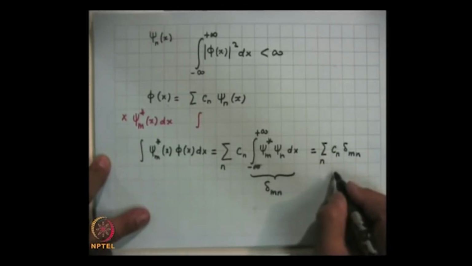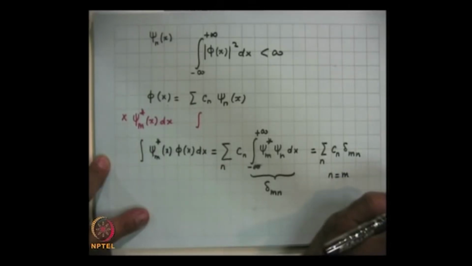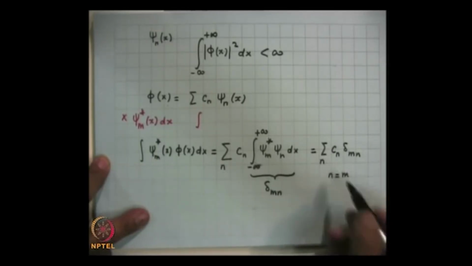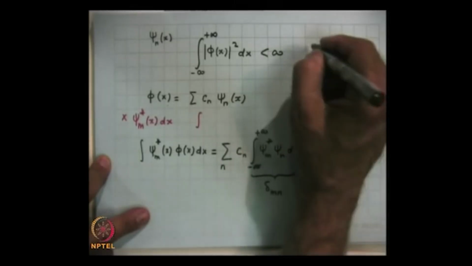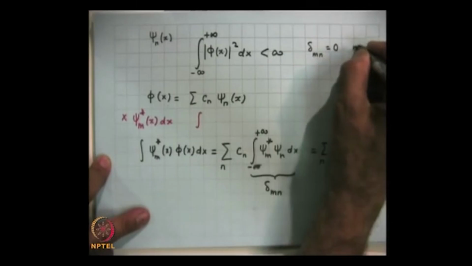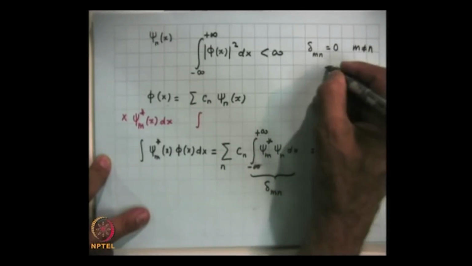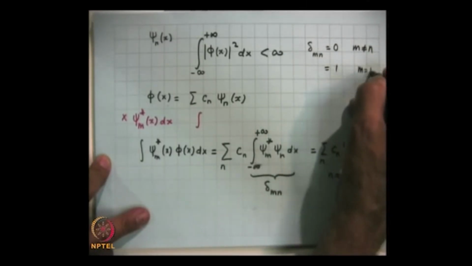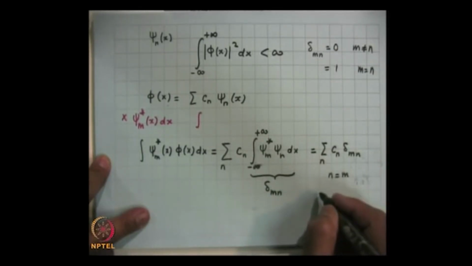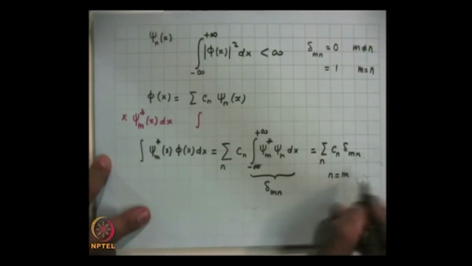So, only the n equal to m term will survive, because for all other terms this Kronecker delta function is 0, as I had mentioned that delta m n is equal to 0 for m not equal to n and is equal to 1 if m is equal to n. So, the summation is over n. When n takes the value m, that term survives.